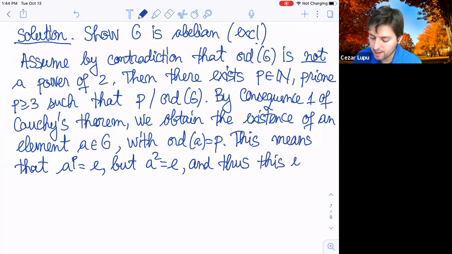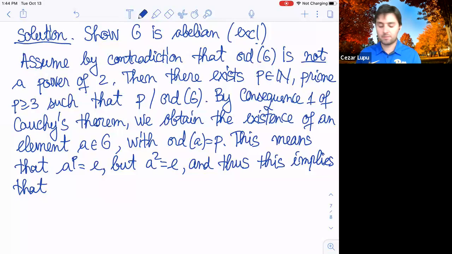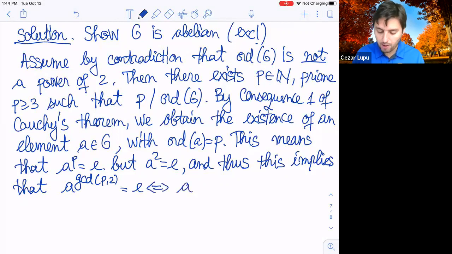this implies that A to the power of the GCD between P and 2 is E. Or equivalently, since P is greater than 3 and odd, the GCD between P and 2 is 1.